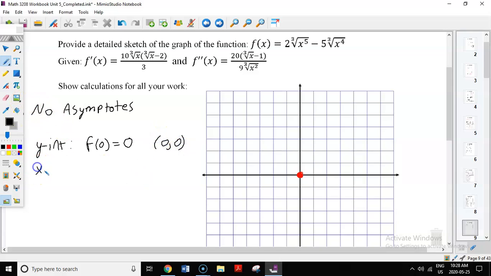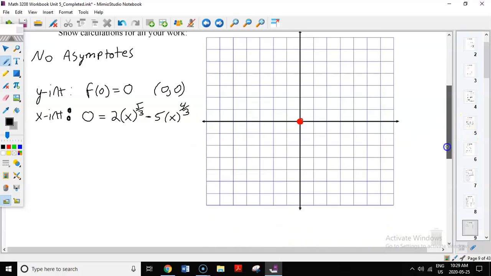Now I need my x-intercepts. So that means I have to solve the function for 0. So 0 equals 2, and I'm going to change it to exponential because it's a little bit easier to deal with. So cubic root of x^5 is x^(5/3), and then minus 5x^(4/3).